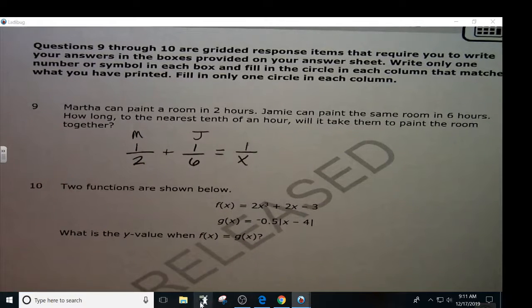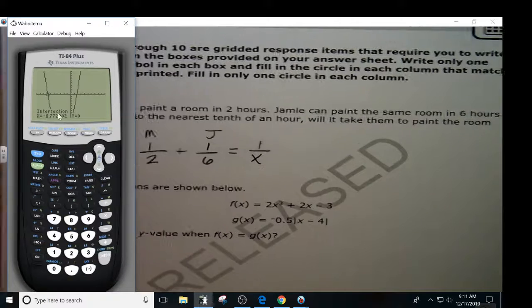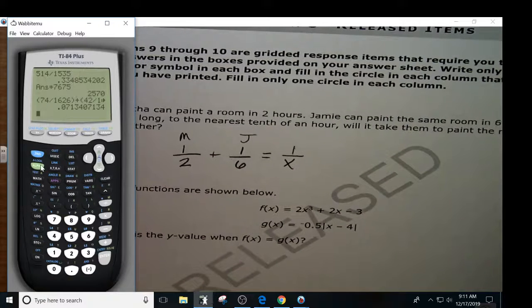So I'm going to use just a regular TI calculator. Oh, you already got it. Guys, you will have Desmos and you will have this type of calculator. So 2/3.